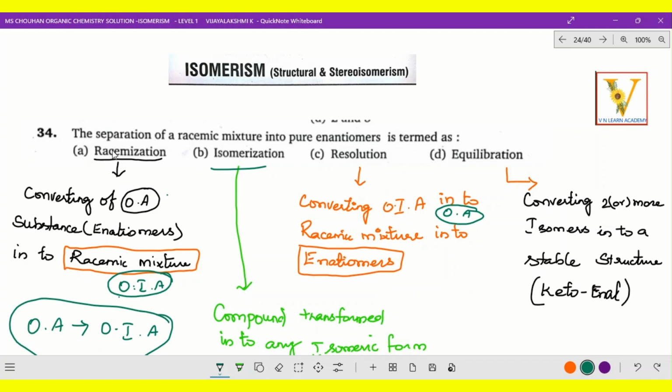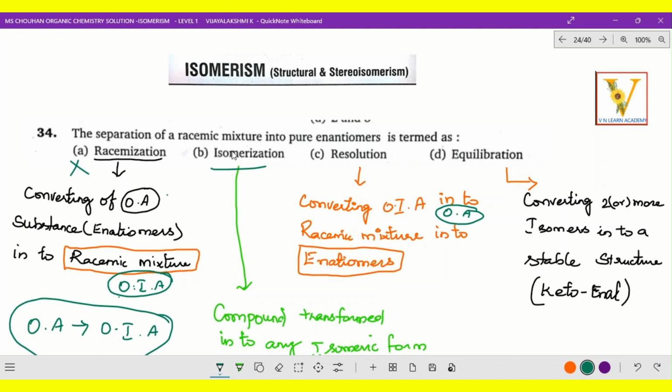That means racemization will not be the correct answer. Generally we say racemization is optically active into optically inactive, so racemic mixtures are optically inactive. That means this will not be the correct option.